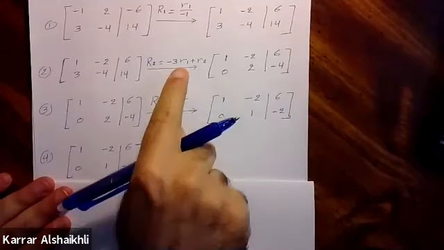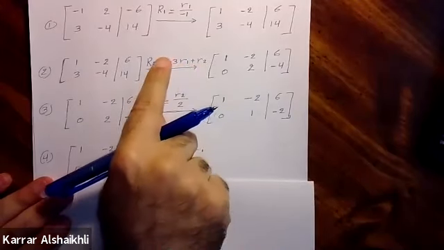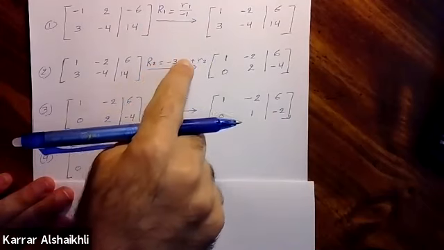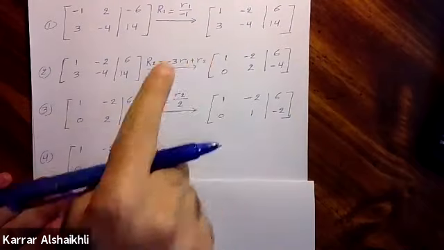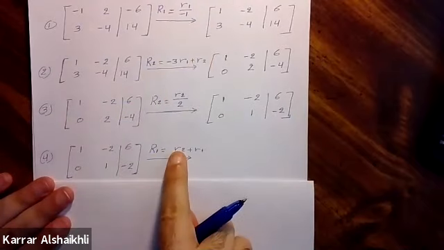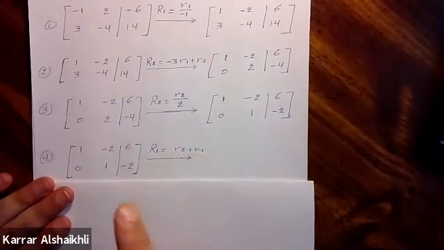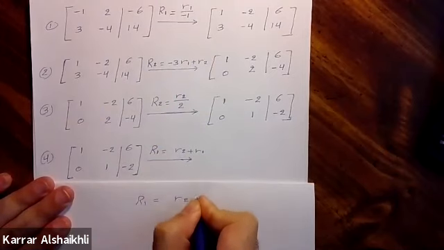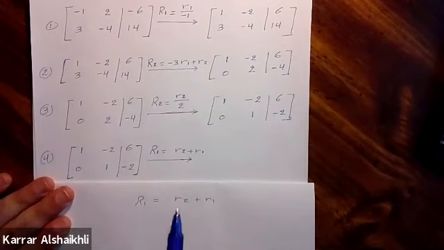You see, different than the previous step, I'm not going to care about this number. In step 2, I always write down R1 plus R2. In step 4, I write down R2 plus R1.